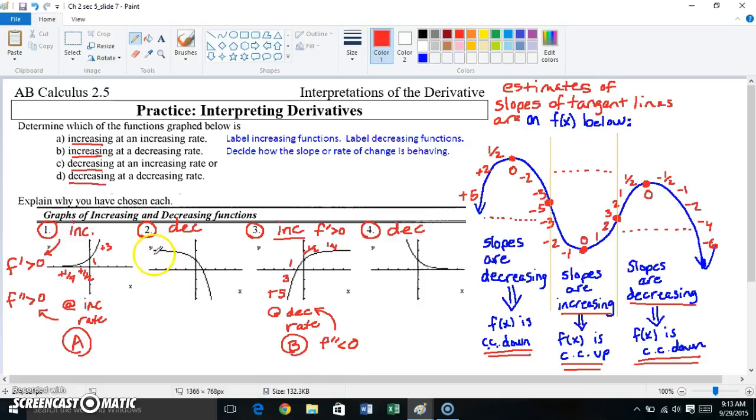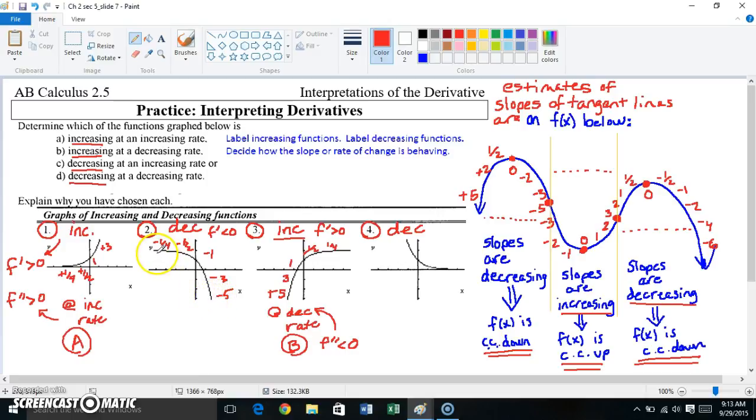Okay, graph number 2 is decreasing. Slopes might be negative a fourth, negative a half, negative 1, negative 3, negative 5. Okay, our slopes are all negative. That's the decreasing part. So f prime is less than 0. All right, but our slopes are small and getting bigger negative.